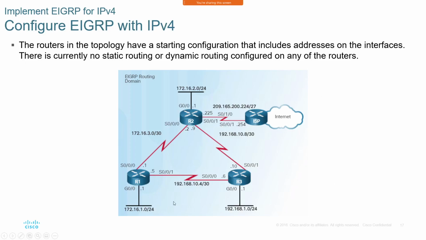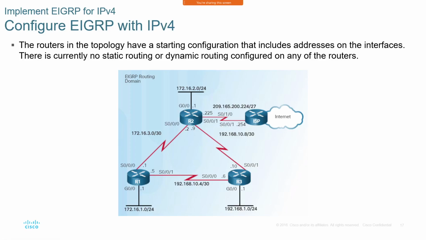So every single one of these routers has already been configured with the basic settings. Router 1 already has all of its interfaces configured with an IP address according to the topology shown. However, we need to be aware that they only know about the networks that are directly connected to them.